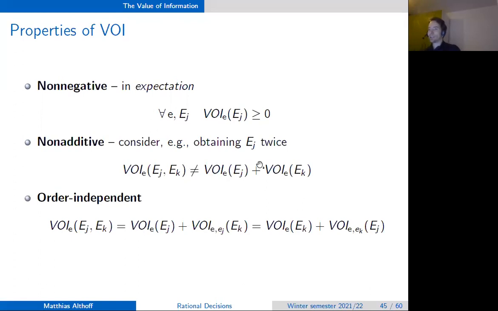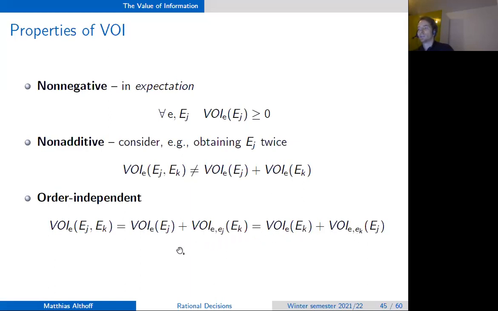And the other one is order independence. So the value of information for EJ plus the value of information for EK, given that you already know EJ, is the same as first obtaining EK plus the value of information of EJ, given that you already have EK.